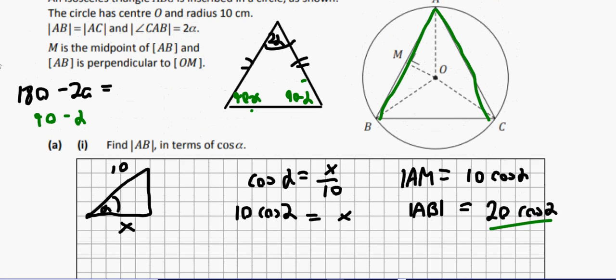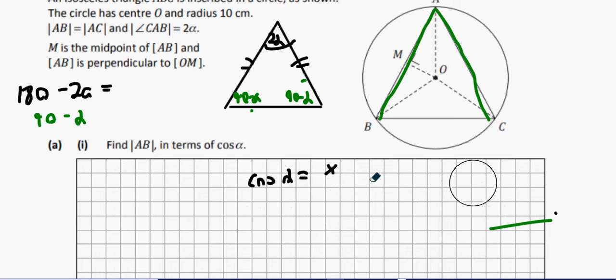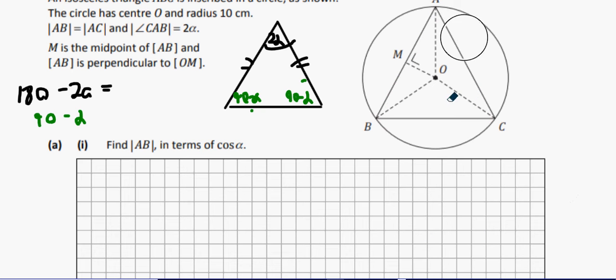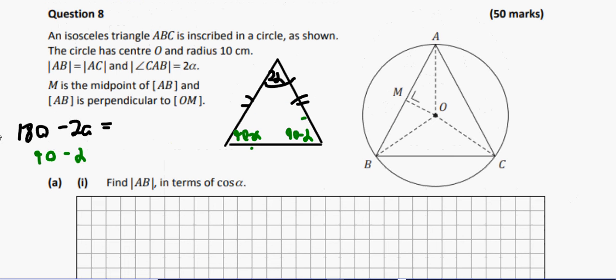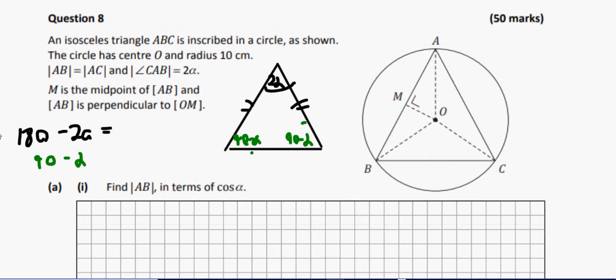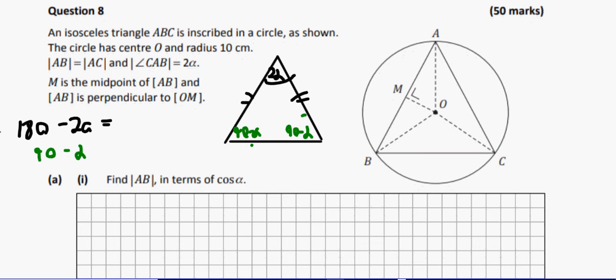Now I'm going to stick with the diagram here because I need to find this out. It's an in circle, so for me that means it bisects the angle.